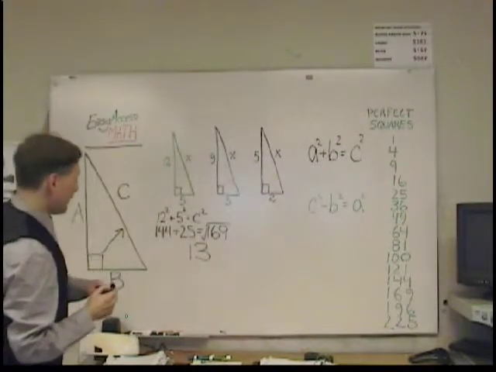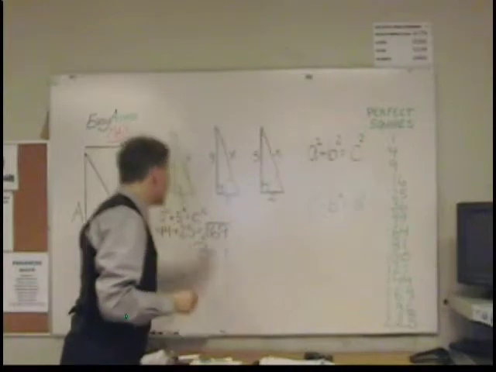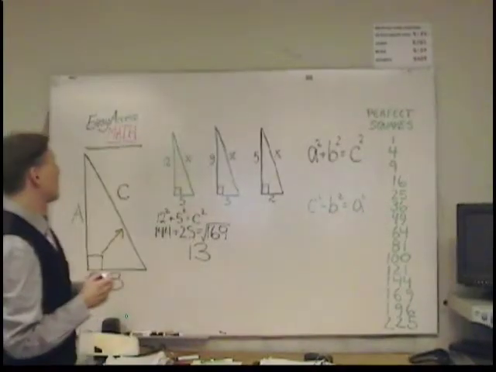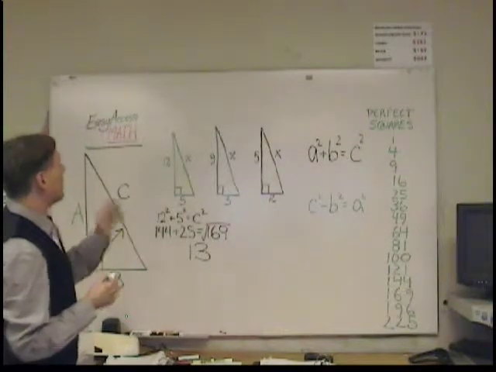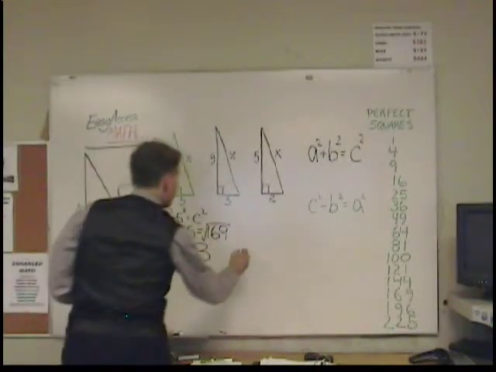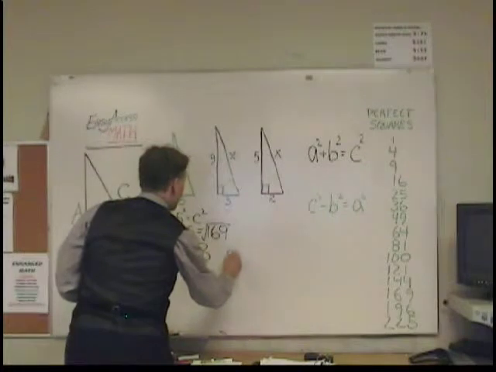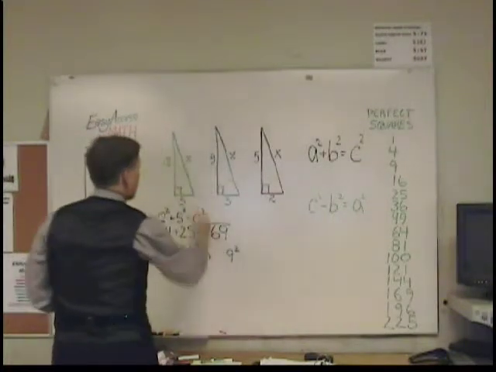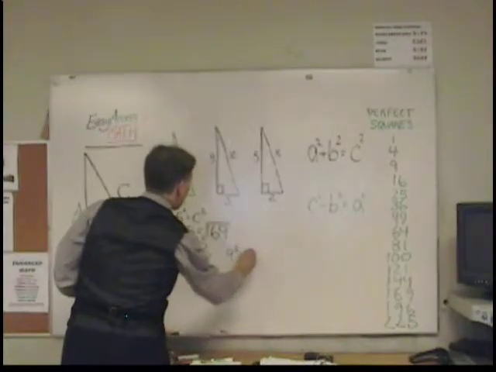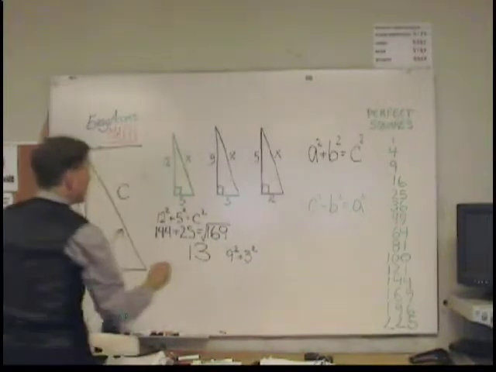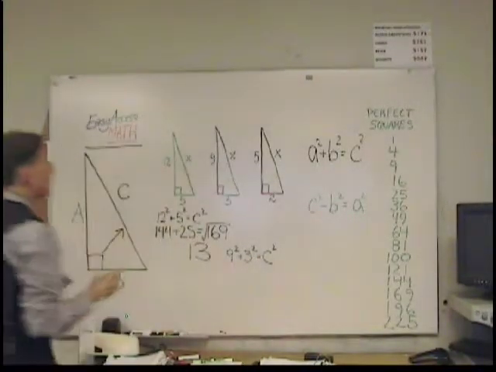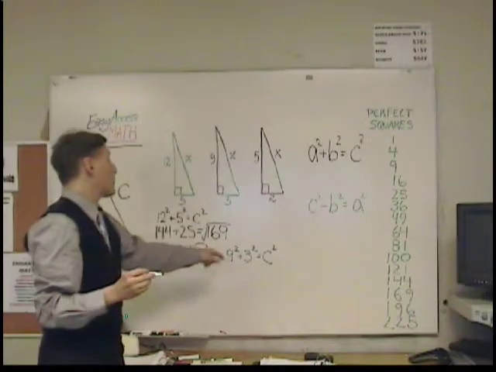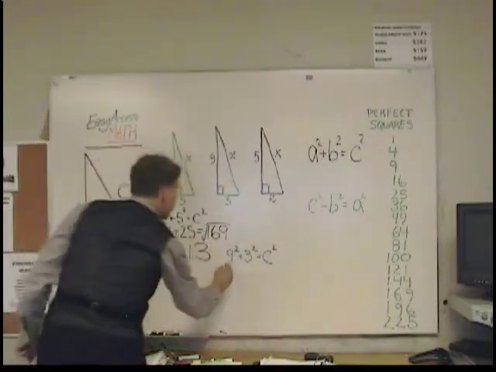Now let's look at this second one, this blue triangle over here, and there I have 9 squared plus 3 squared equals C squared. 9 times 9 is 81.